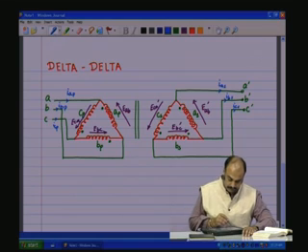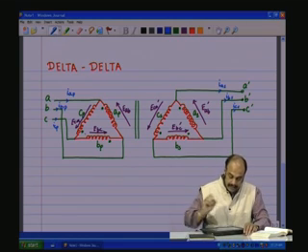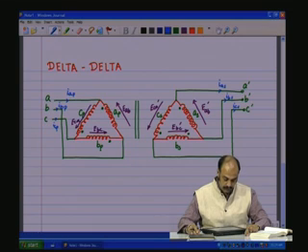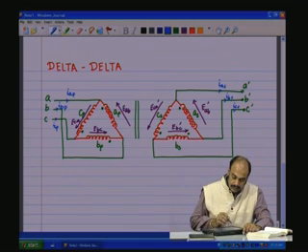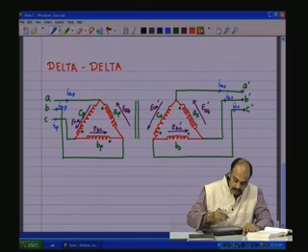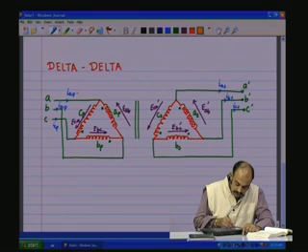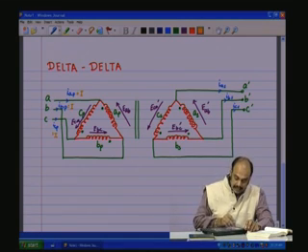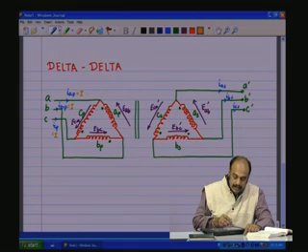Now, this is a delta-delta connection. If we say that the load is well balanced, and let us say the effective values here are equal to I, that is, the line currents on the primary side are I and I.